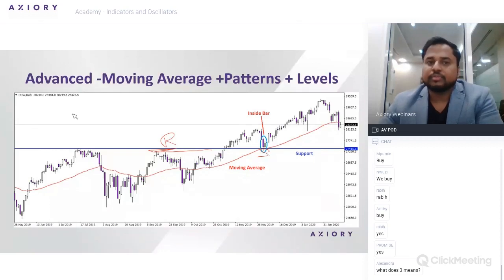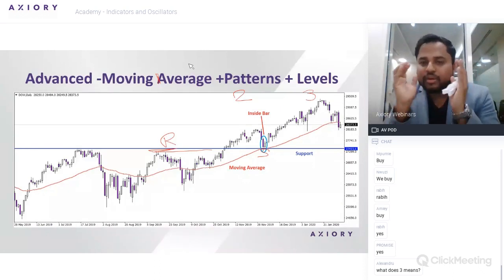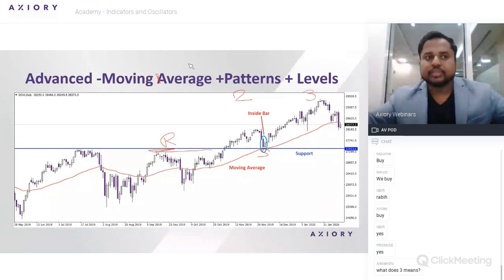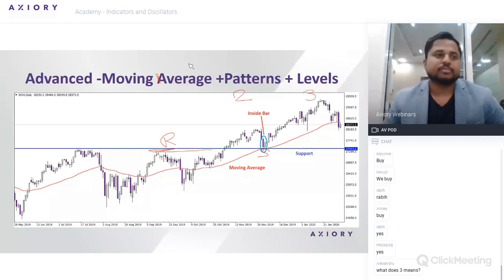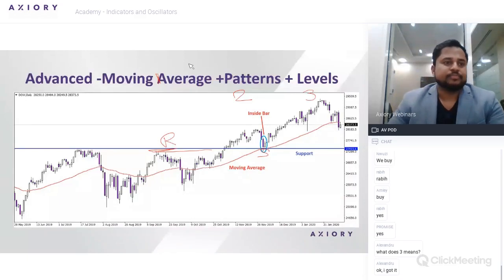We are trying to buy when three parameters are present: the moving average is one indication, patterns are another indication, and levels means support. So you make a trade only when three parameters come into place. Hope you're clear. Okay, good.